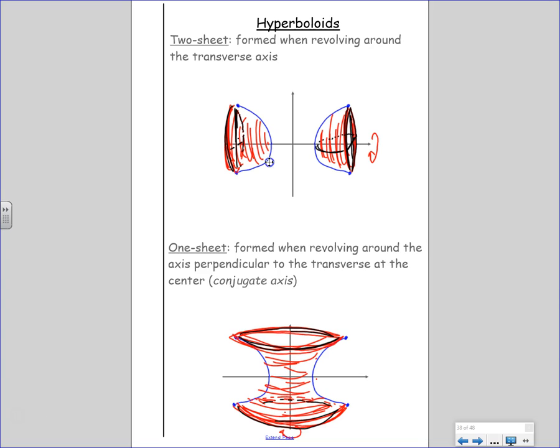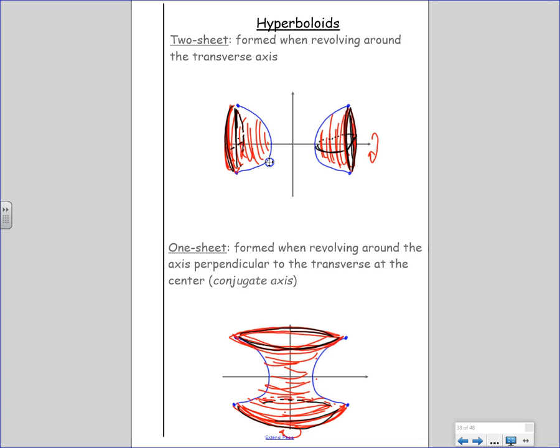You can think hourglass. You can think tornado. Just don't make it thinner at the bottom. That'd be awkward. Poor little hyperbola. Wait, why is that one called a one-sheet when the other one is called a two-sheet? It's connected. It's one figure. One sheet versus two sheet. Red sheet versus blue sheet.